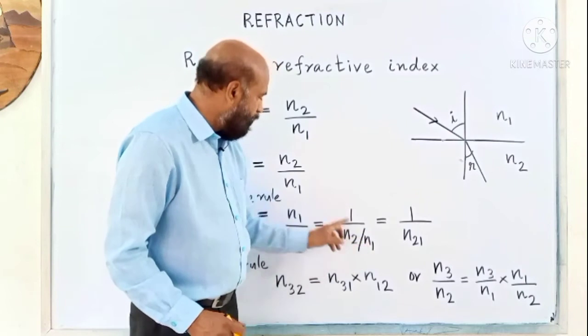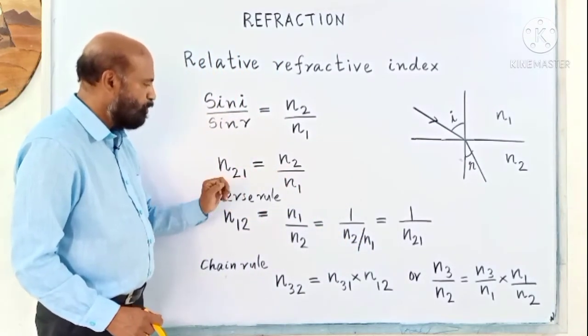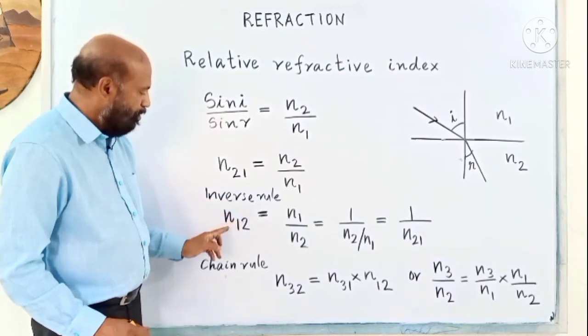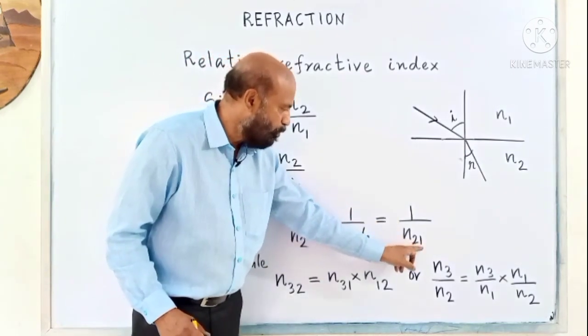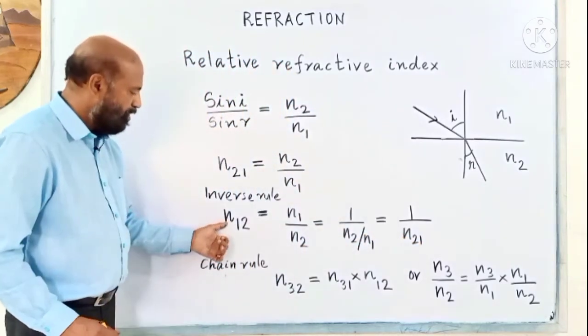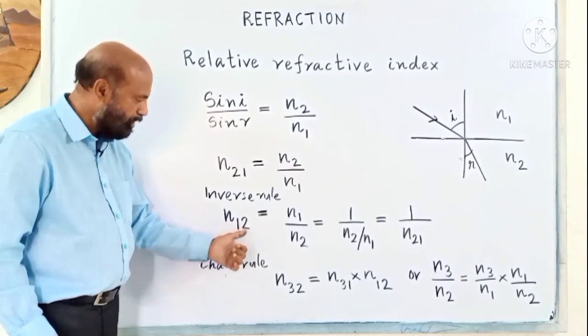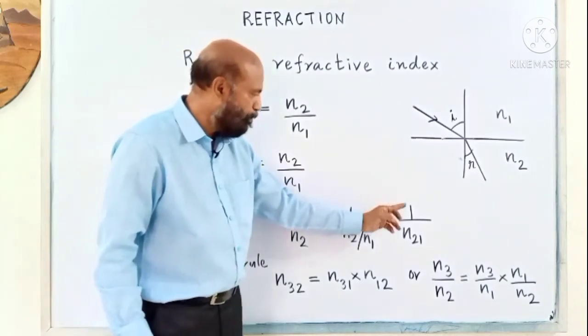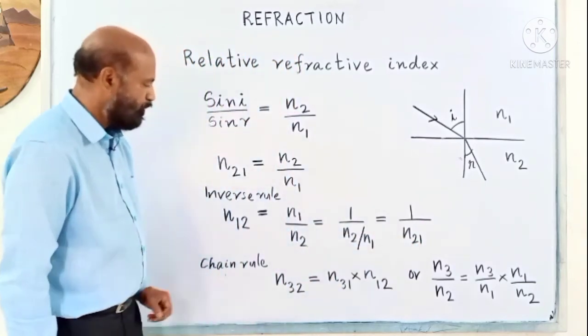So n2 by n1 is the refractive index of the second medium with respect to the first medium, and for this we can write n21. So n12, the refractive index of the first medium with respect to the second medium, is equal to the reciprocal of the refractive index of the second medium with respect to the first medium.